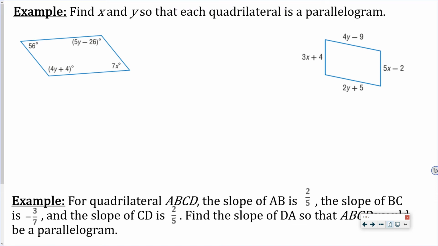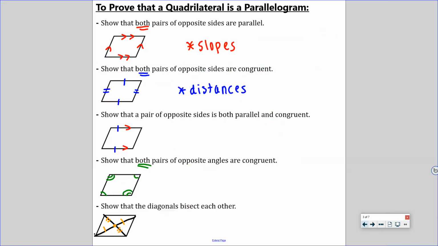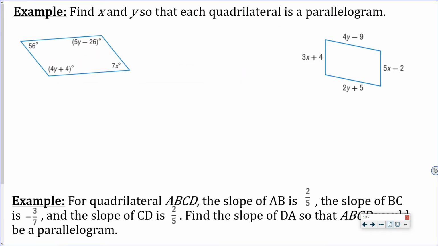Find x and y so that each quadrilateral is a parallelogram. Okay. So if I can show, for angle measures, that both pairs of opposite angles are congruent, then it's going to force this to be a parallelogram. So look at my opposite pairs here. So I have 56 and 7x, so x is easy to find here. X would have to be 8.